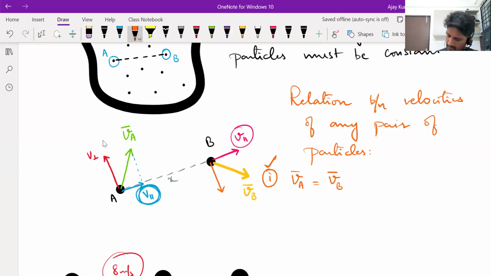This one, that is VB perpendicular. Tell me, which of these components, VB parallel or VB perpendicular, has the ability to change the distance between A and B? Which of them can change the distance between A and B?